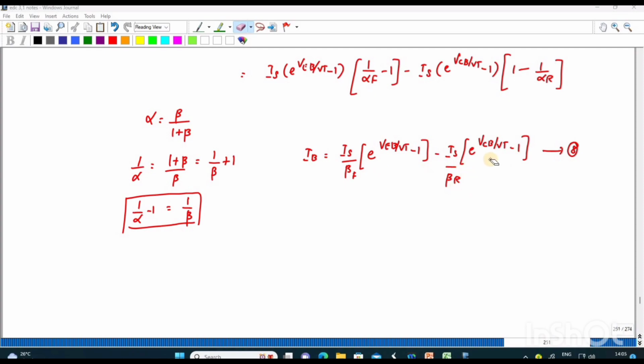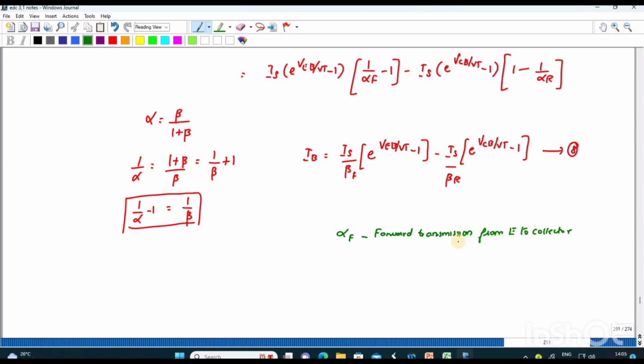So here the significance of alpha F: alpha F is the forward transmission from emitter to collector.